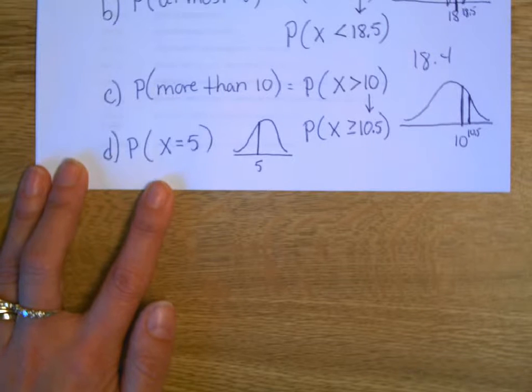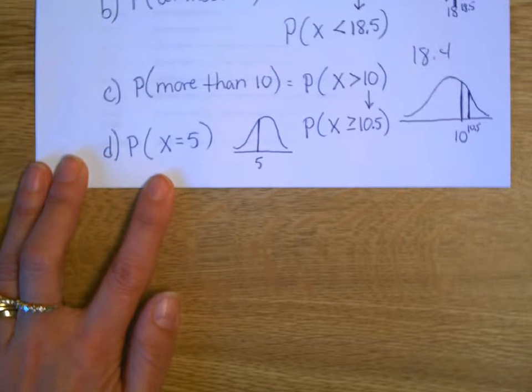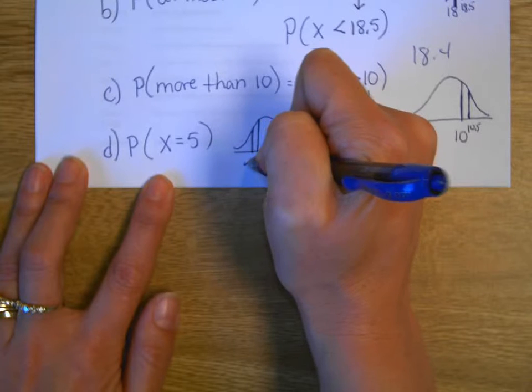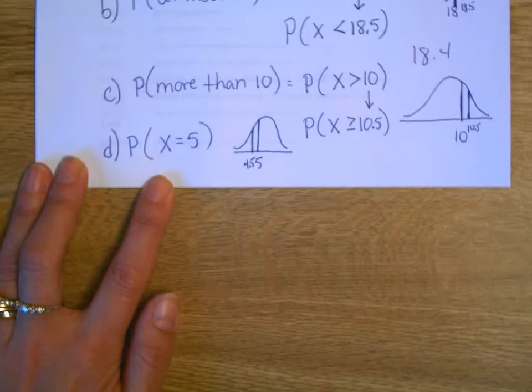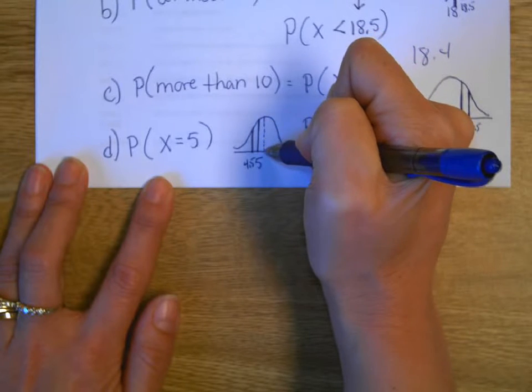I need to include on the number line all numbers that round to 5. Where do they start at? 4.5 and 5.5. So 4.5 is solid, because once I equal 4.5, I round to 5. And then where do I stop rounding to 5 at? 5.5 is dotted.